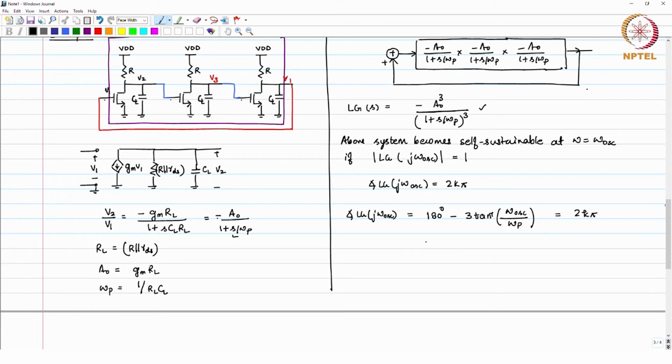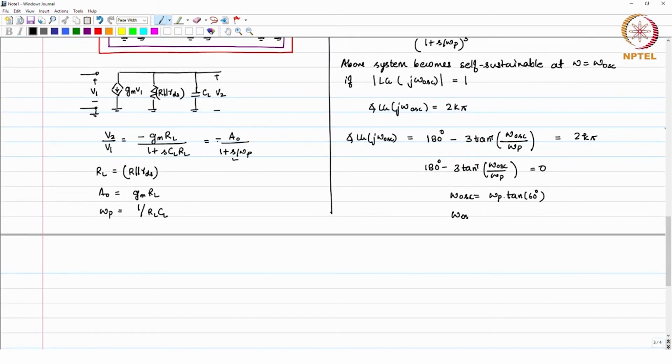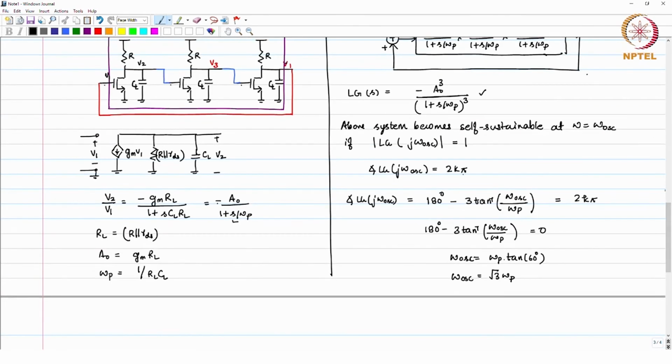So, I will pick k equal to 0, which implies that 180 degree minus 3 tan inverse of omega oscillation by omega p is equal to 0. So, omega oscillation is equal to omega p times tan 60 degree, which is omega oscillation equal to root 3 times omega p. So, at the frequency root 3 times omega p, it happens that the phase of the signal is 2 k pi.